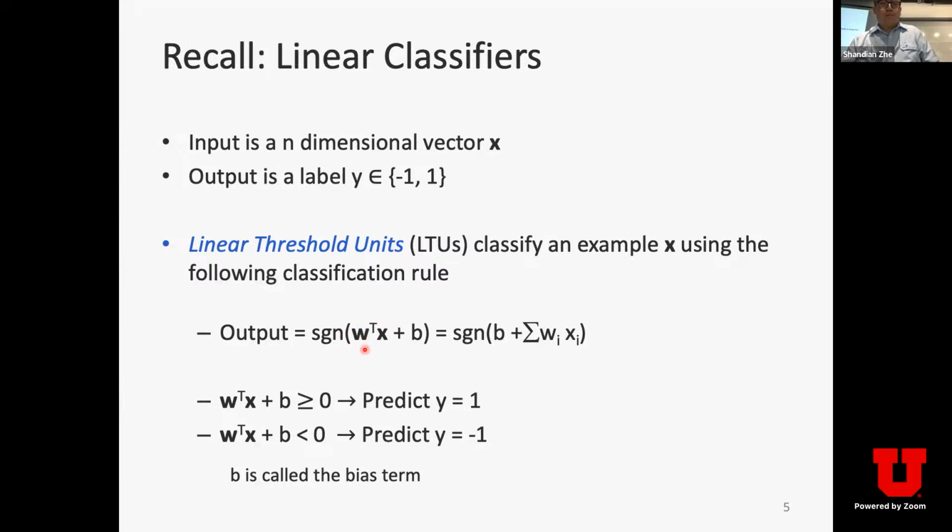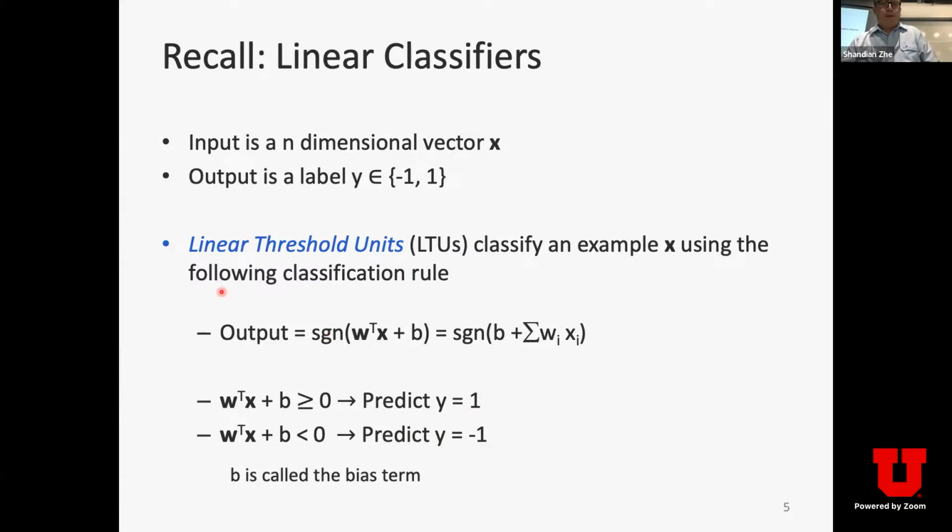This score is just the feature weight vector W transpose x plus b. If you write it out, it's b plus a linear combination of every feature value. Then you just look at the sign of your score. If it's non-negative, you predict the label as 1. Otherwise, you predict label as -1.